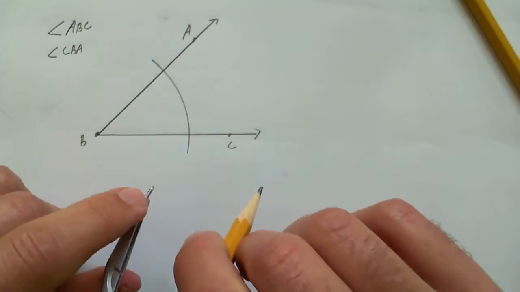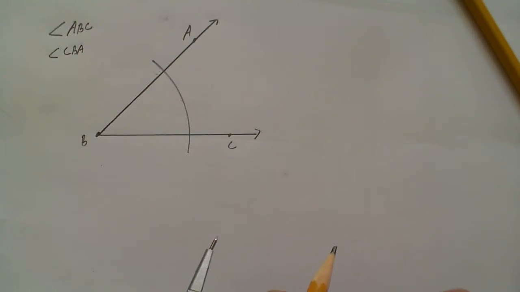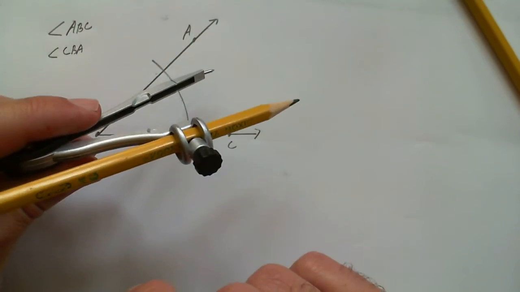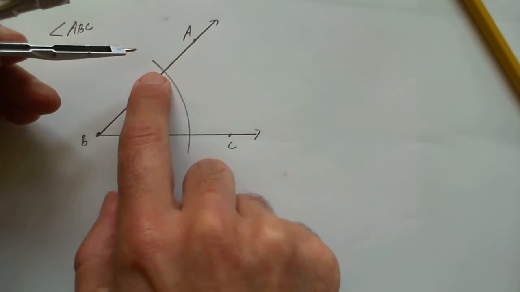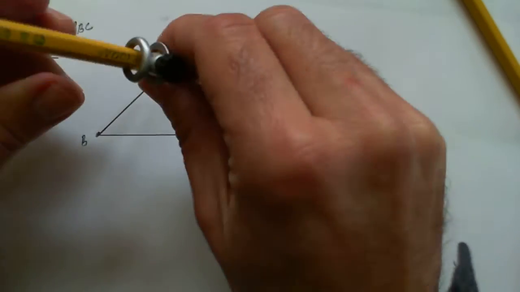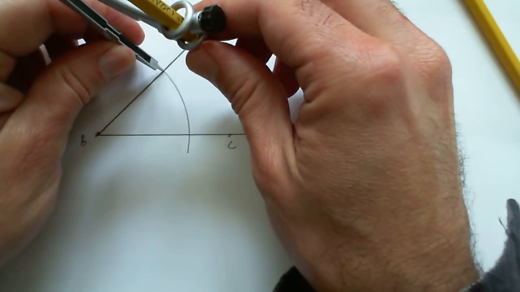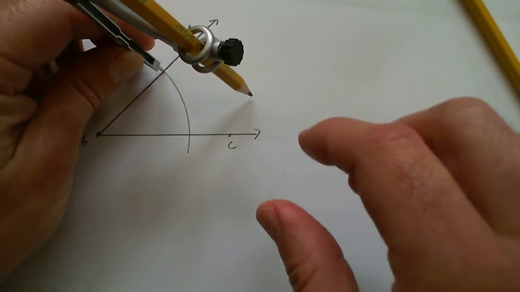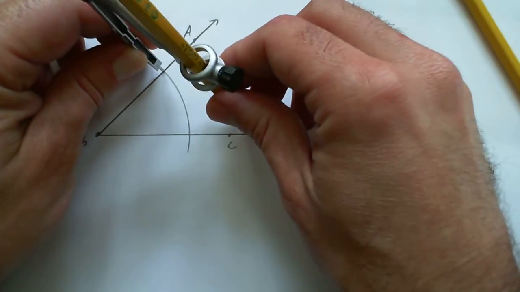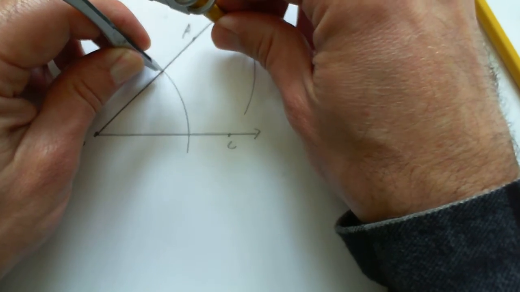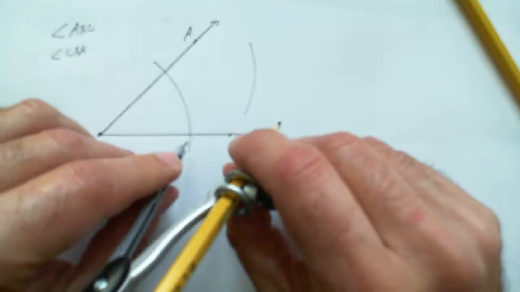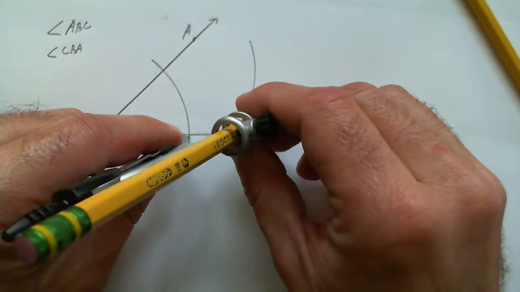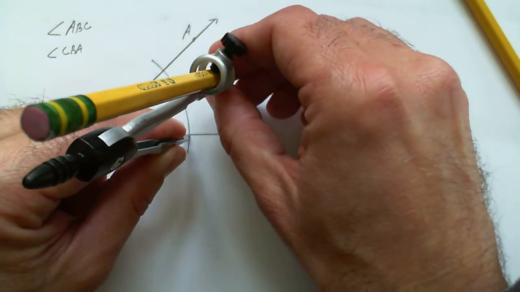Now that's going to give us a reference point. Now you keep your compass locked, and put the sharp end on the intersection of that new arc and the ray, and strike an arc above, and then put it on the other intersection and strike an arc below.